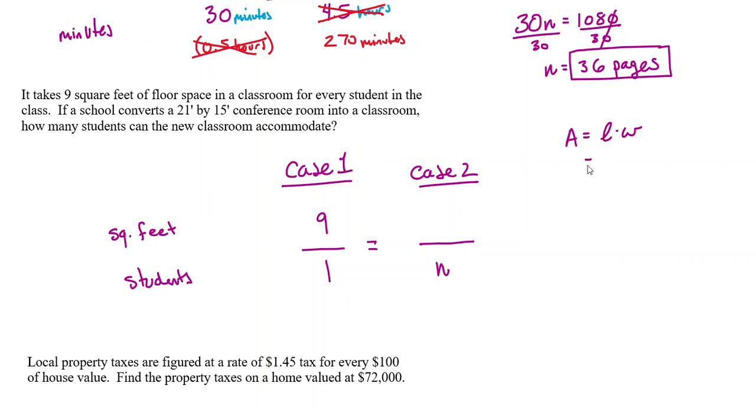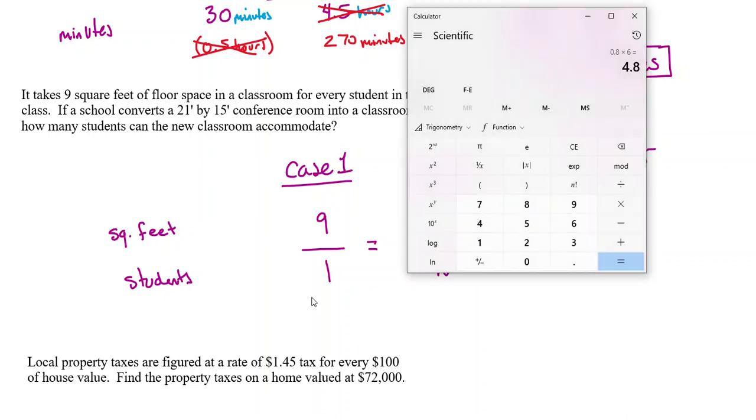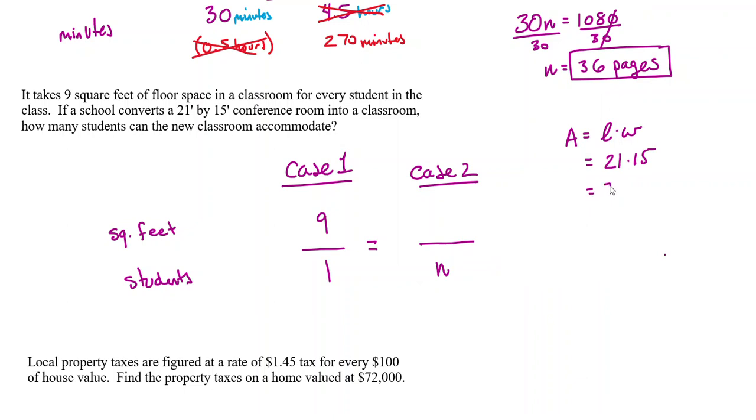So in this case, the area would be 21 times 15. And I can do that on my calculator if I'm not feeling very clever. And I get 315. So I have an area of 315.